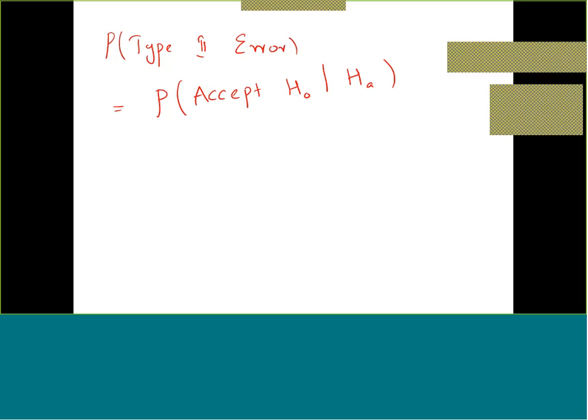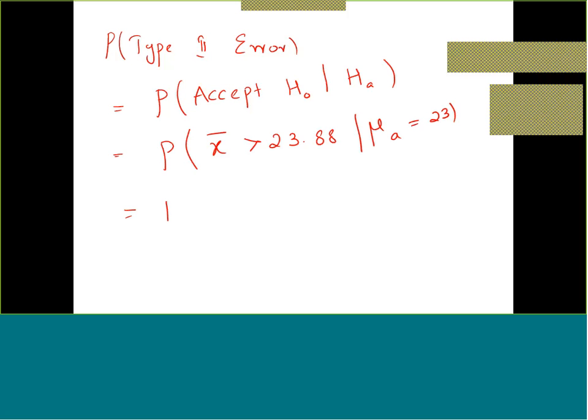So when we are going to accept H naught, X bar is greater than 23.88. That's what we got now. Given HA is true, HA can take any value as per our statement, but you should give a particular value. That's why I'm giving you mu A is 23.